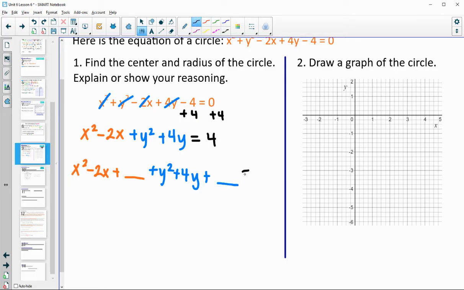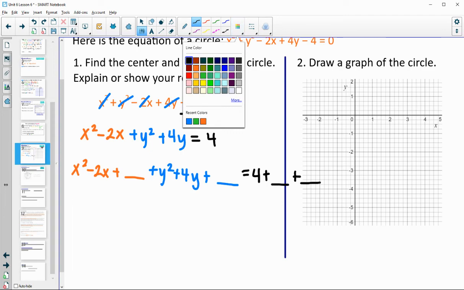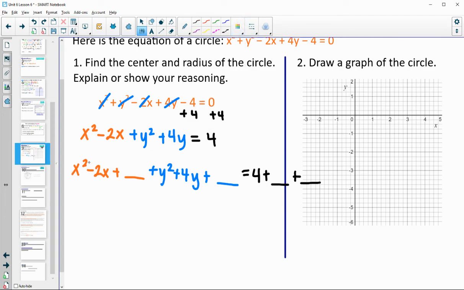And then remember, whatever we add to that side, we need to add to this side as well, okay, to keep the equation balanced. So we'll figure out by dividing this term by 2. So we'll do negative 2, and I'll just do it up here. But negative 2 divided by 2 equals negative 1. Squared gives me 1. So we're going to add 1 to both sides.